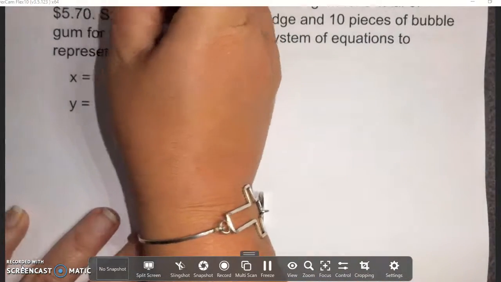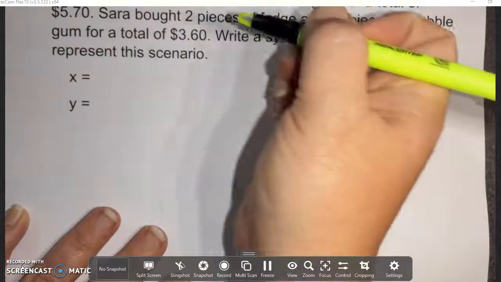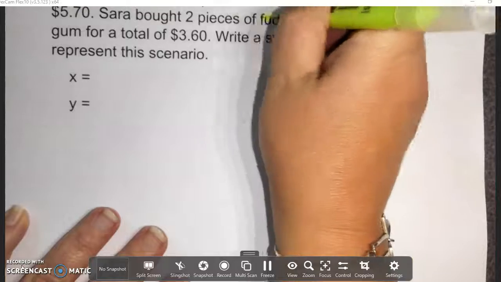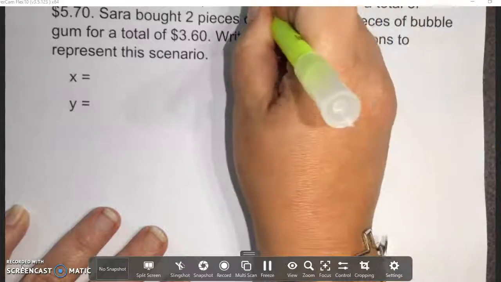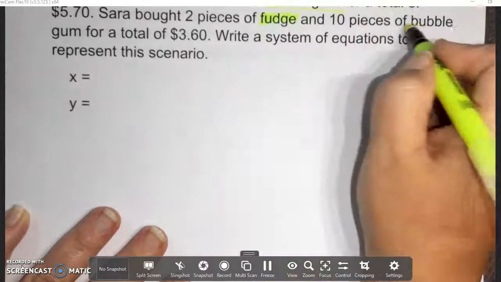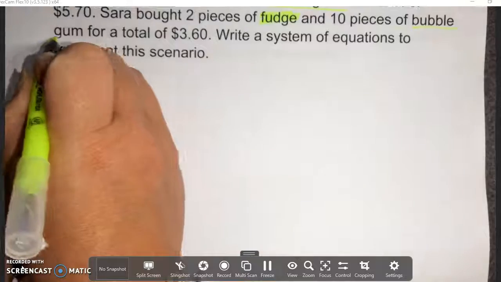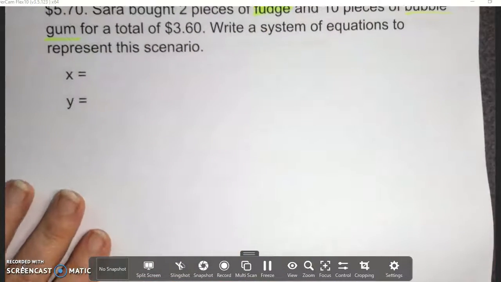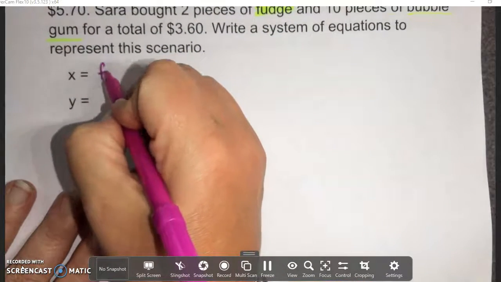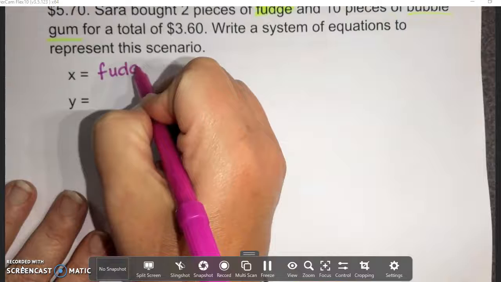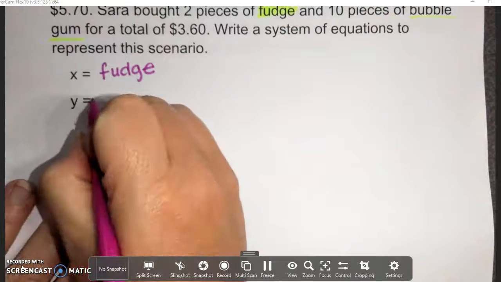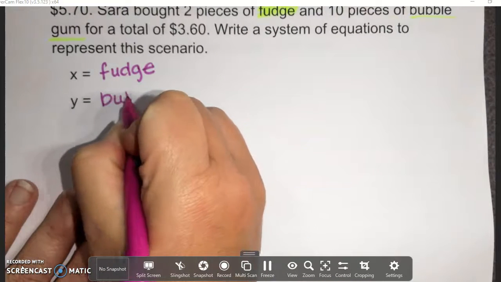We've got fudge, and we've got bubble gum. So I'm going to assign my X to be the fudge and my Y to be the bubble gum.